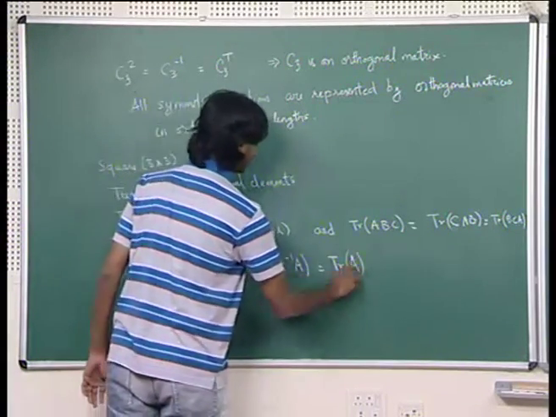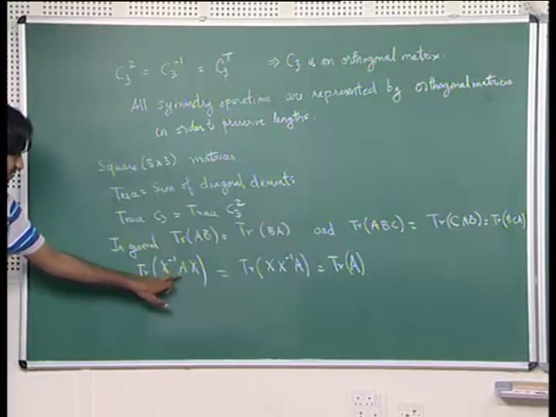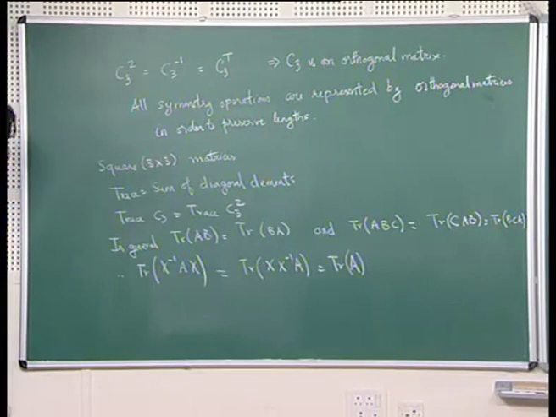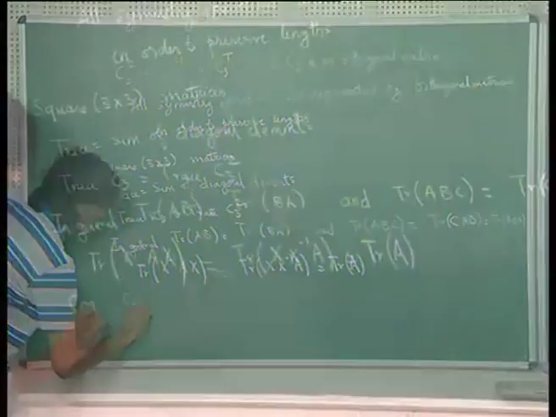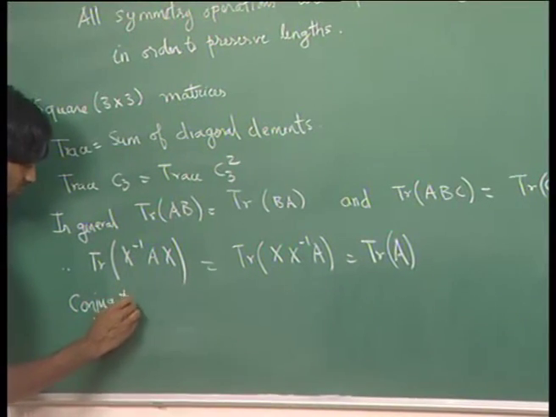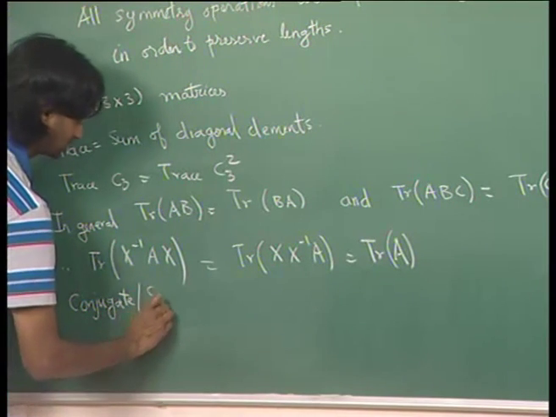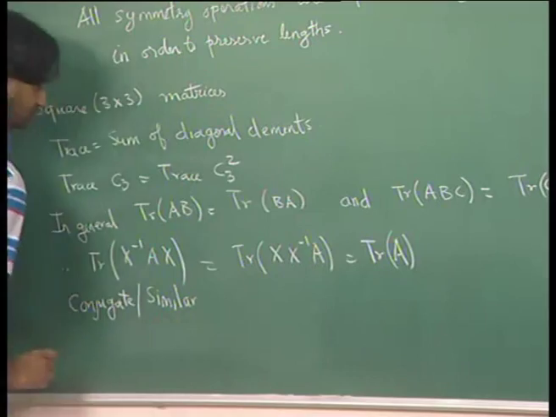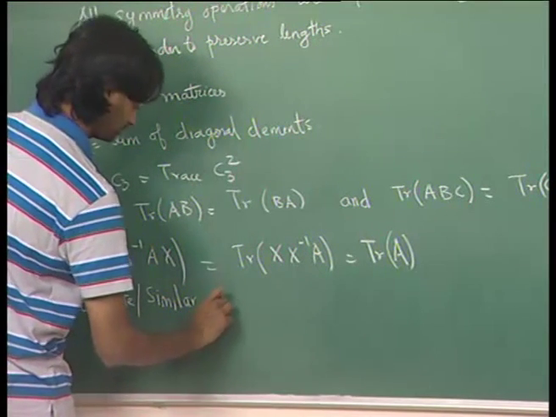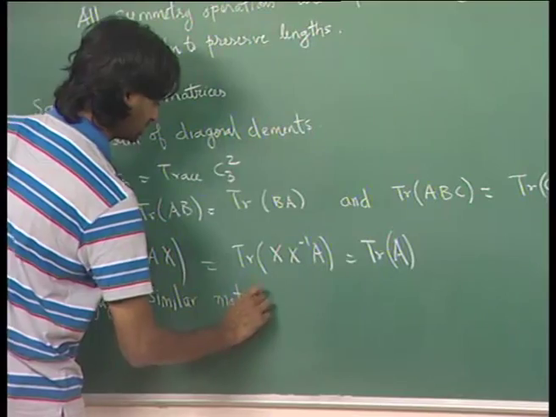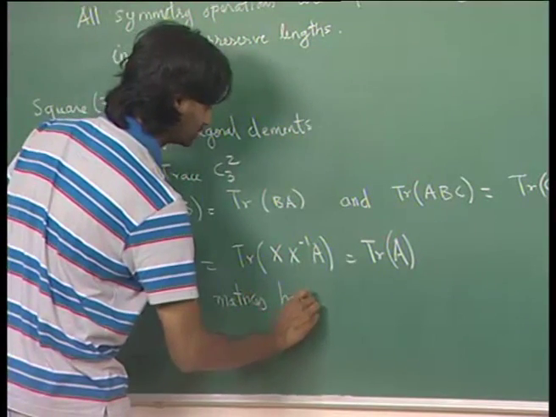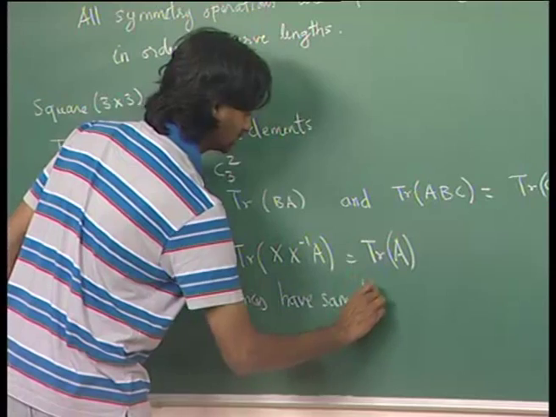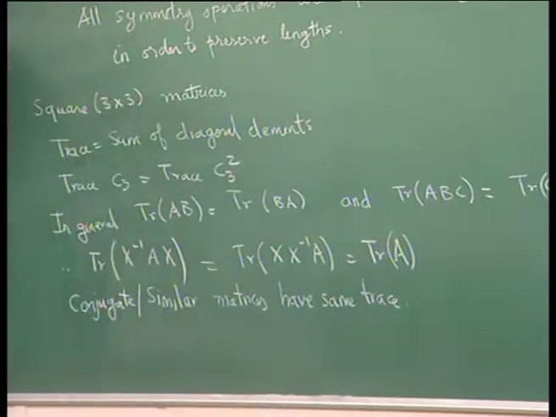So, trace of identity times A is just trace of A. So, this implies that conjugate or similar matrices have the same trace. Okay. So, the traces of two matrices which are related through this similarity transformation are identical.